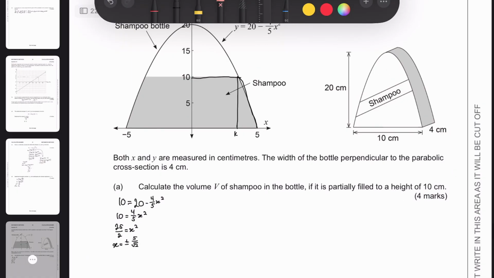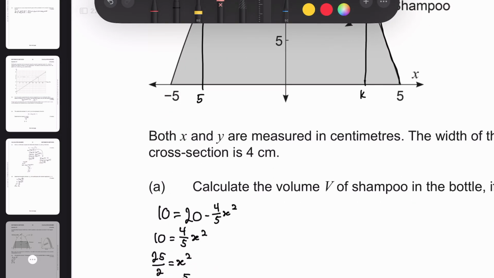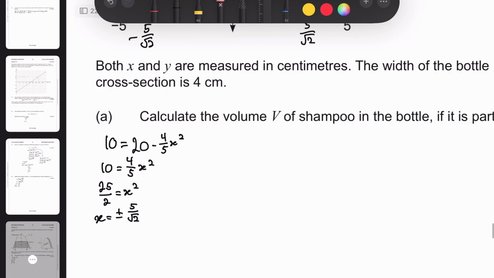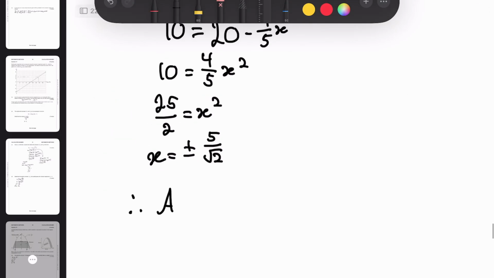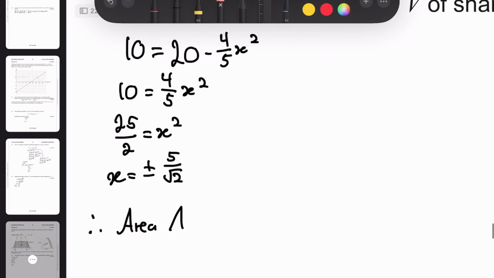Alright. So we have it here and here. So this is 5 on square root of 2, and this here is also 5 on square root of 2. Okay, so then we know that, let's label this as area A, and we'll label this one as area B. Area A is equal to 2 of 5 on square root of 2 times 10.